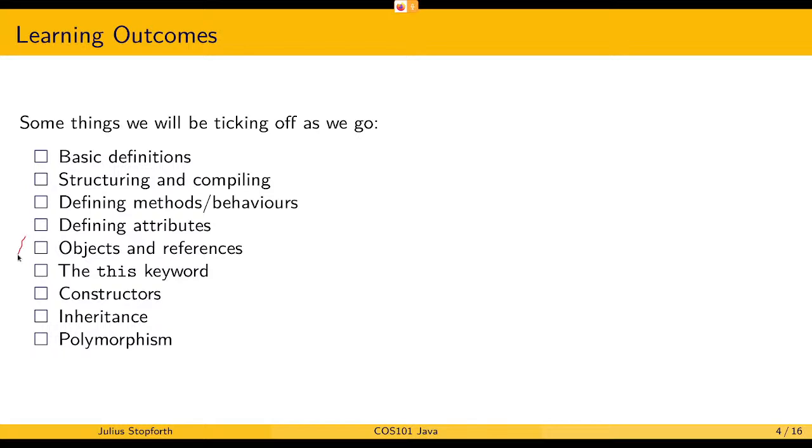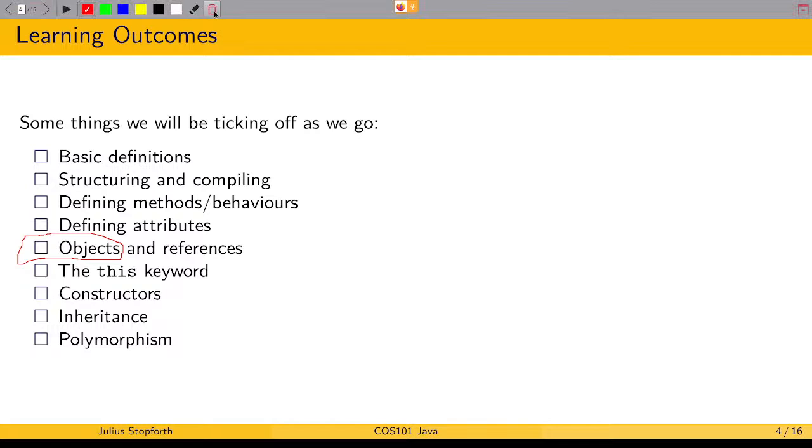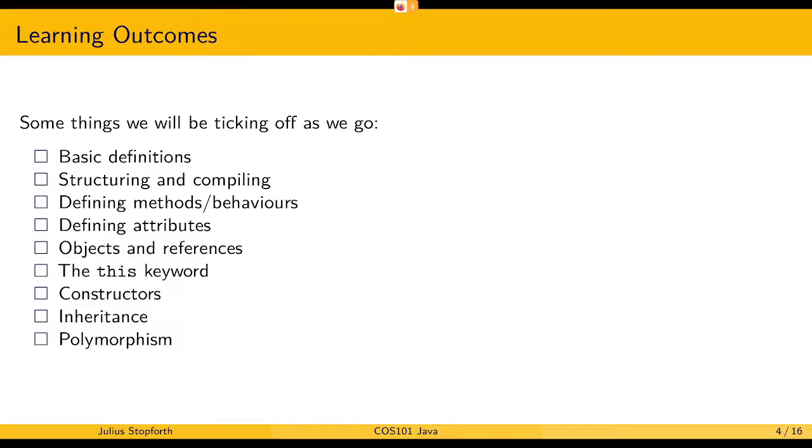We touched a little bit on objects and references yesterday, when we looked at the instance of an object versus how we created them, or just a class reference. We're going to touch on the this keyword, constructors, as I mentioned, inheritance, polymorphism, and then somewhere in here we'll talk about the concept of a static class.